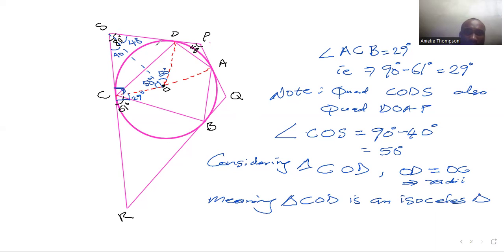Meaning the base angle here and this other one here are equal.